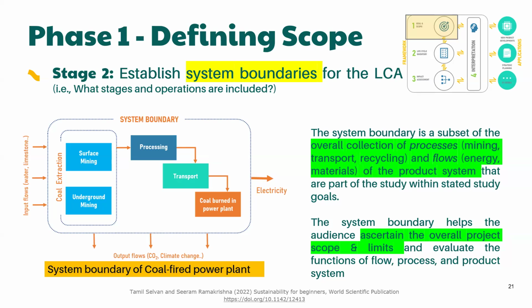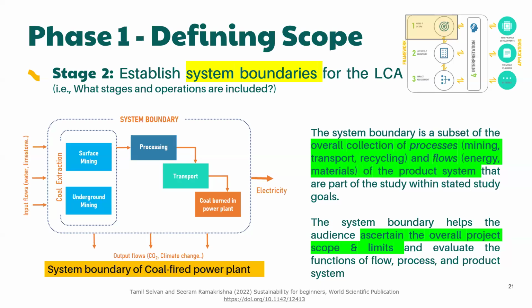These are classical boundary conditions, and you can set boundary conditions based upon your objective. This will also help us ascertain the overall project scope and limit the error in your design. So setting the system boundary depends upon many factors.